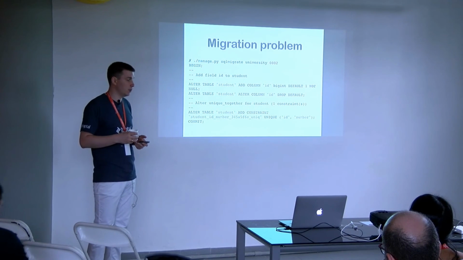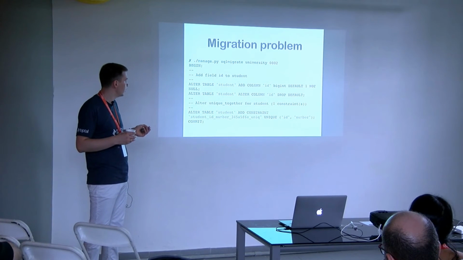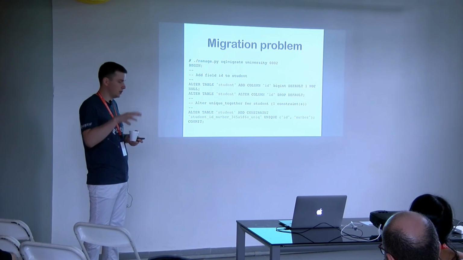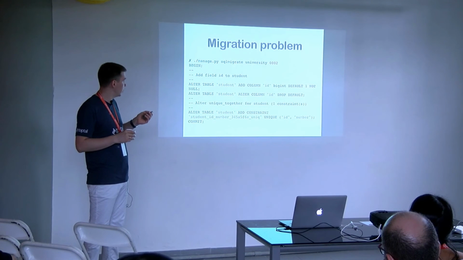As I said previously, we have lots of data, and not each statement generated by Django can finish, or it may lock some tables or whatever, so be very accurate with what you generate.